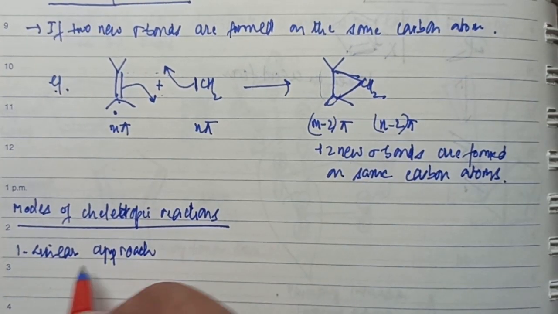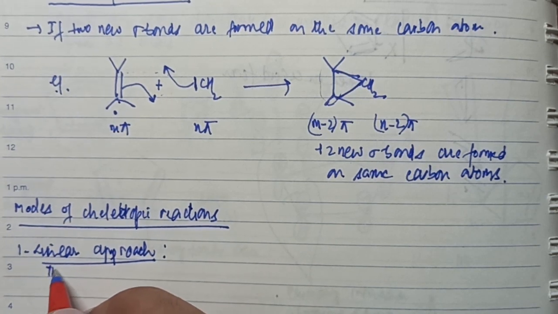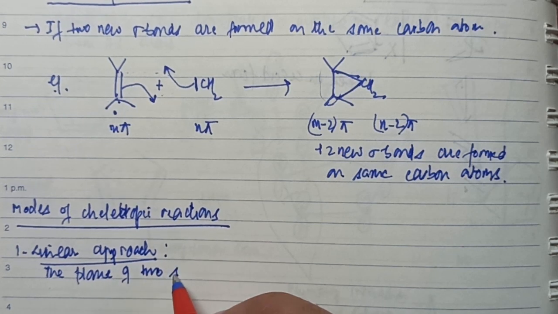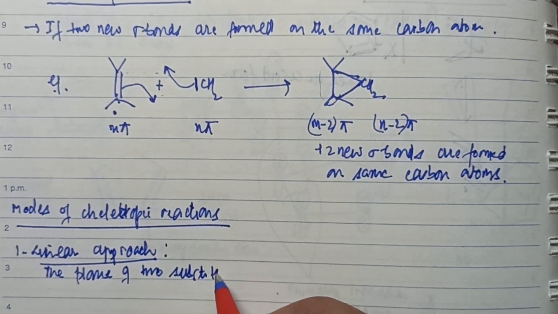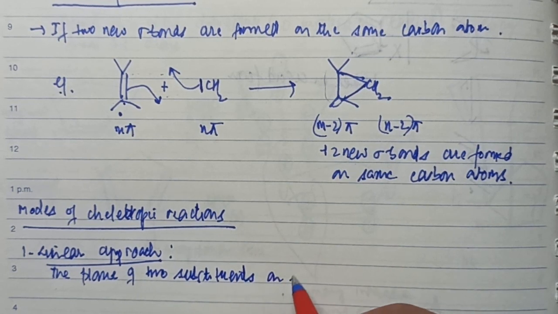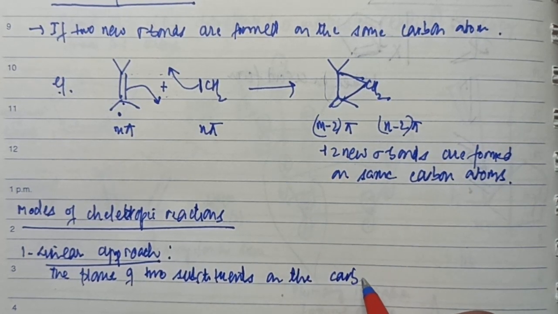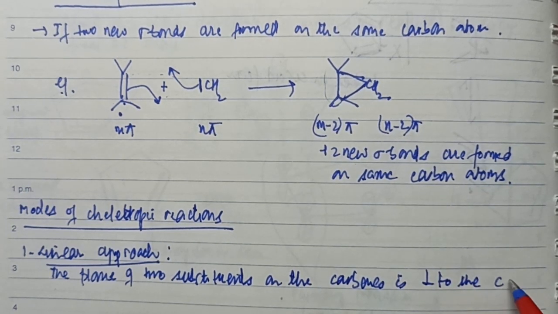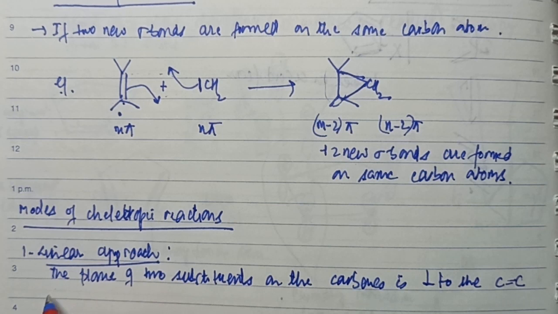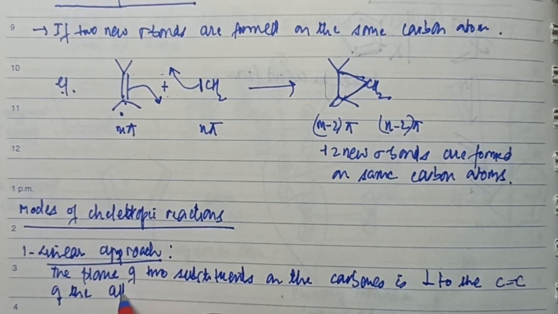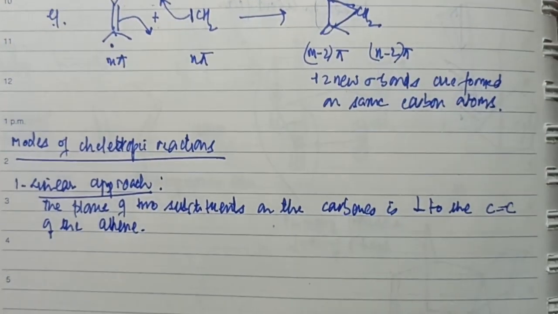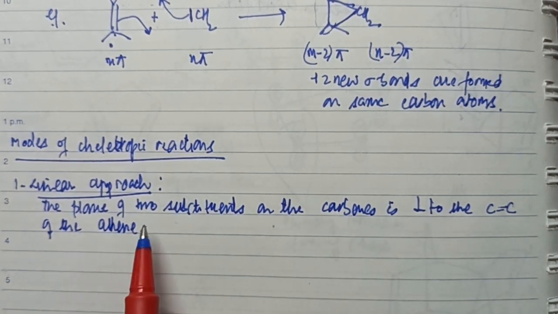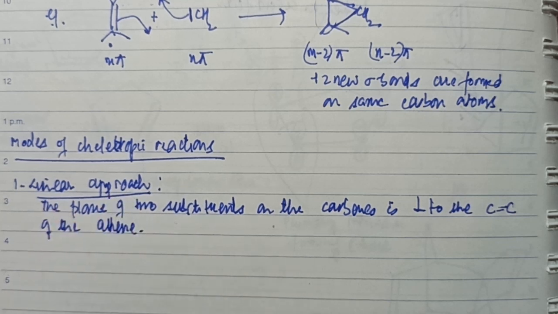When we talk about the linear approach, we say the plane of the two substituents on the carbene is perpendicular to the carbon-carbon double bond of the alkene. If this kind of approach occurs, in which the plane of the two substituents on the carbene is perpendicular to the carbon-carbon bond of the alkene, we call this approach the linear approach.